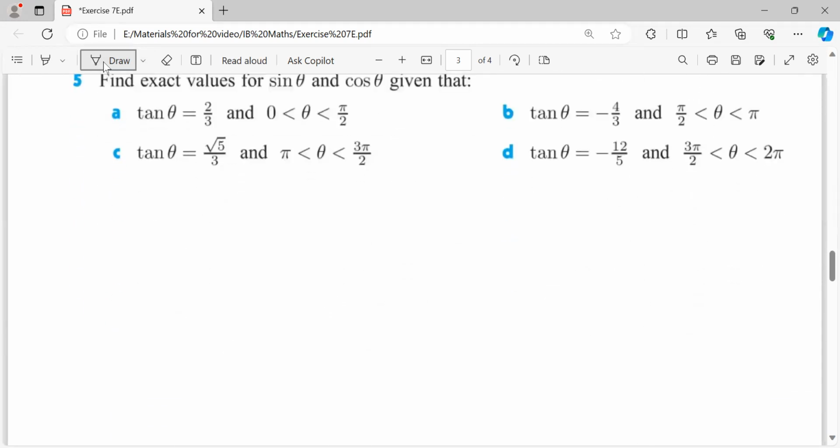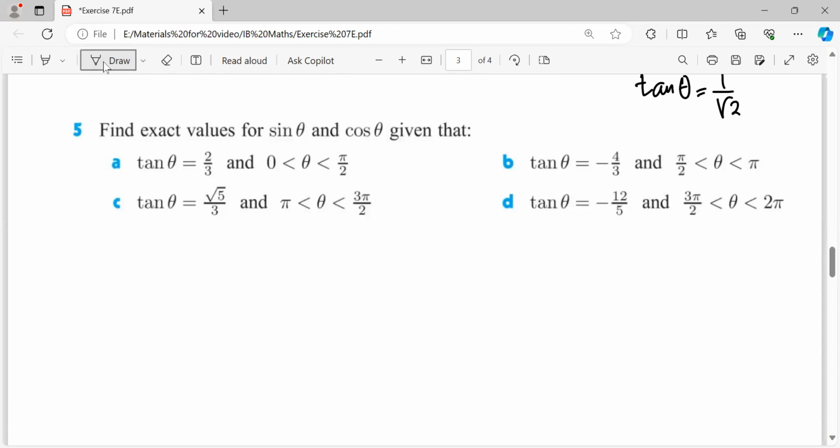Let's move to number 5. Find exact values for sine theta and cosine theta given that tangent theta equals 2/3 and theta is in quadrant 1.